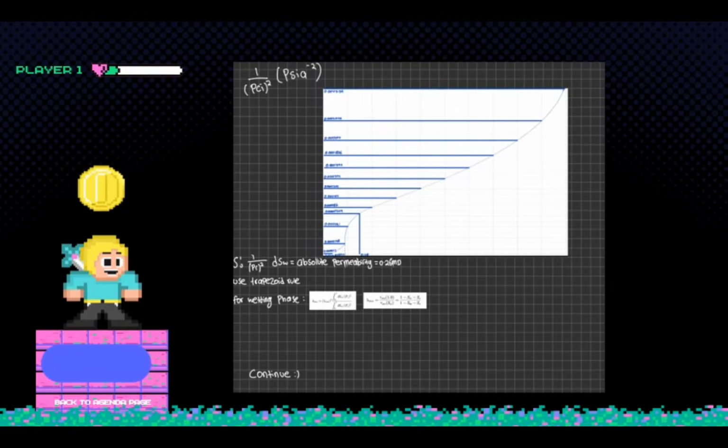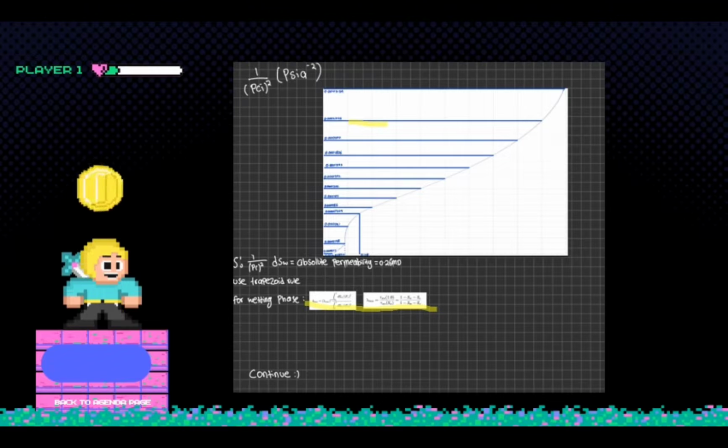The line over here is where I calculate the area under the graph using the trapezoid rule. So I integrate the graph until 0, where our absolute permeability is 0.26, using the trapezoid rule, and this is the formula for the wetting phase.